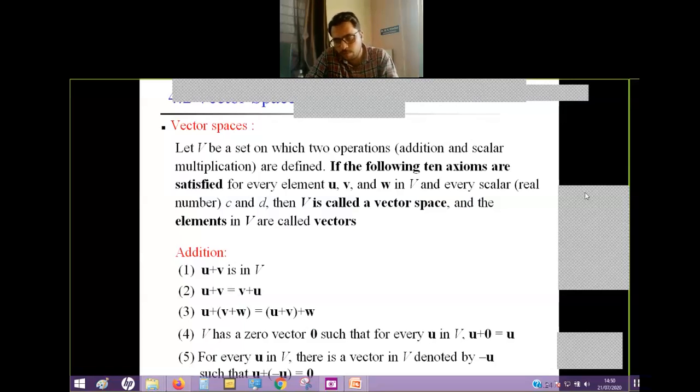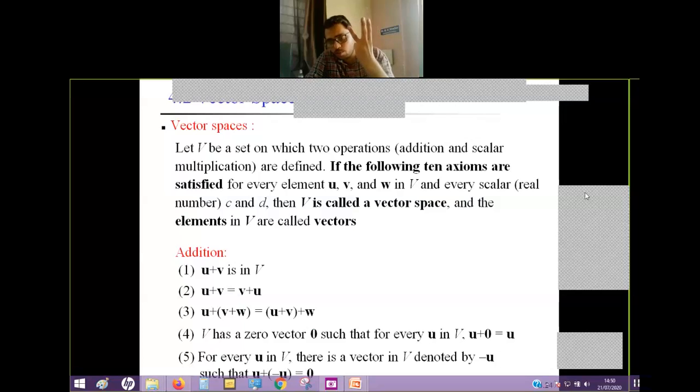Please remember this definition. This is a very standard definition. Only four quantities are there. Which four quantities? You have a set V, on which two operations are defined, vector addition and scalar multiplication.